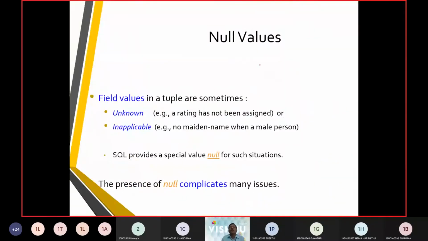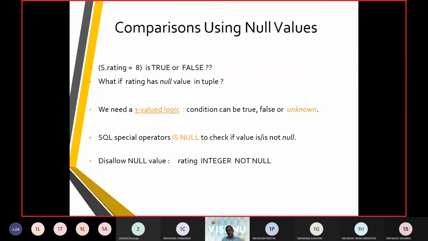So what is a null value? A null value is a tuple which we call unknown, or we can call it inapplicable. How is a null value represented in SQL? It is represented with a value called null. Can null be compared?